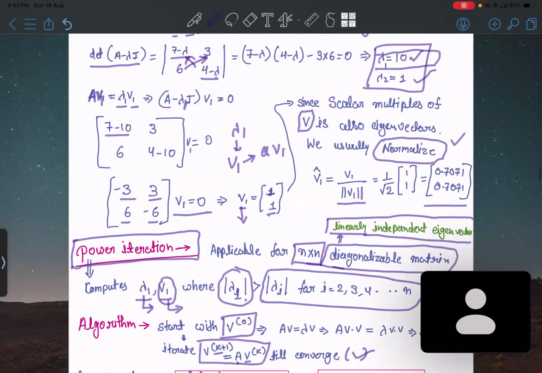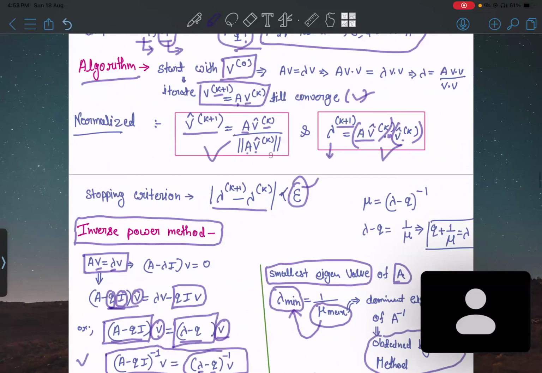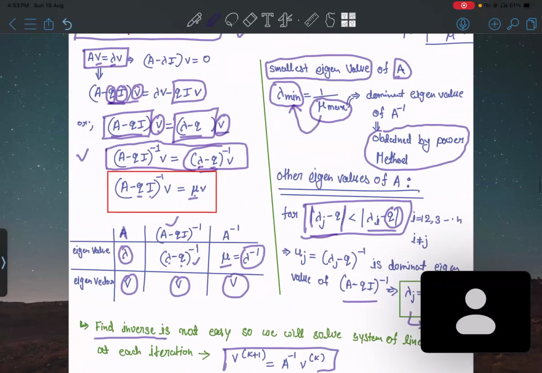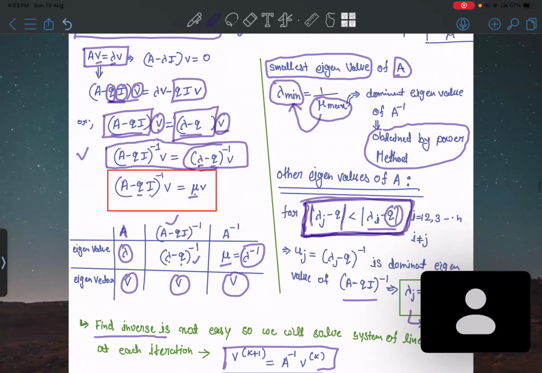Then we have discussed the power iteration method, which is a numerical method to find the dominant eigenvalue of a square matrix, and its corresponding eigenvector. Then we have seen the inverse power method and shifting of the inverse power method to find the other eigenvalues and corresponding eigenvectors. Okay. This was a very important criterion to find any eigenvalue and corresponding eigenvector.